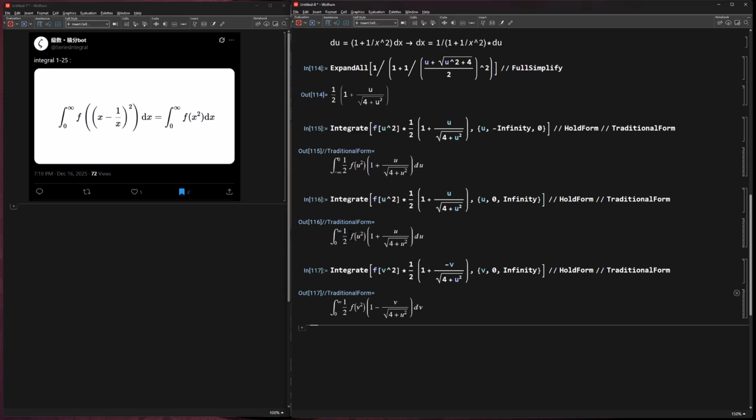If I add up these two parts, recall that u and v are dummy variables, so I can replace both u and v with x.